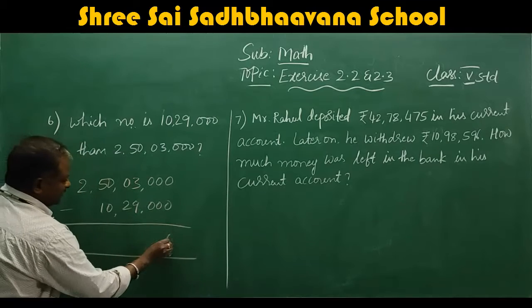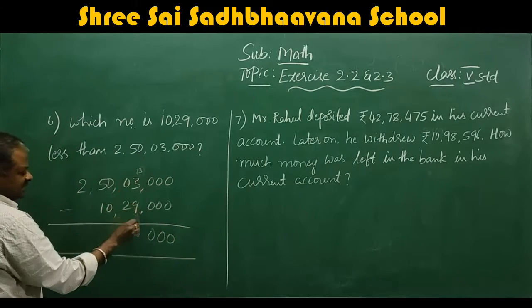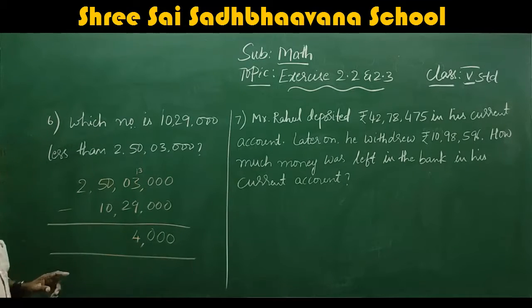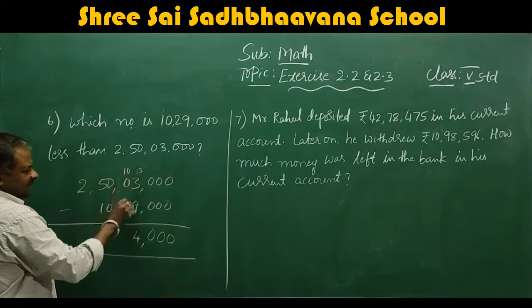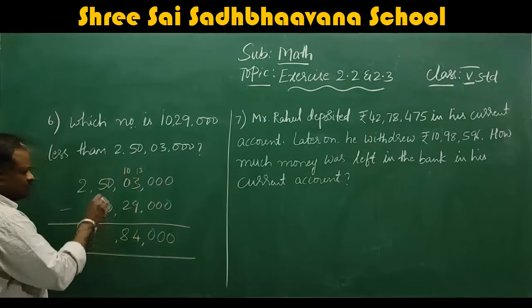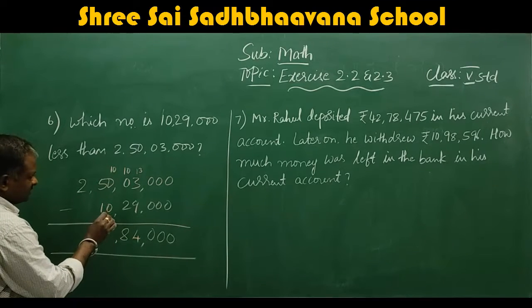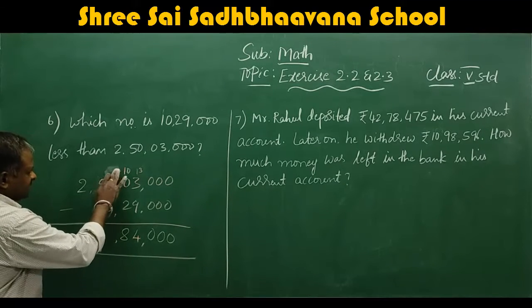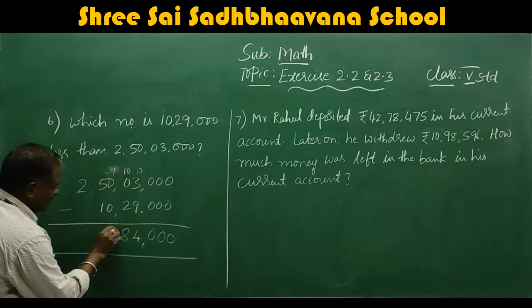The answer: 0, 0, 0. 13 minus 9, 4. This becomes 10. 10 minus 2, 8. This also becomes 10. 10 minus 0. Sorry, here it is 9. 9 is enough because here it is 0. So 9.